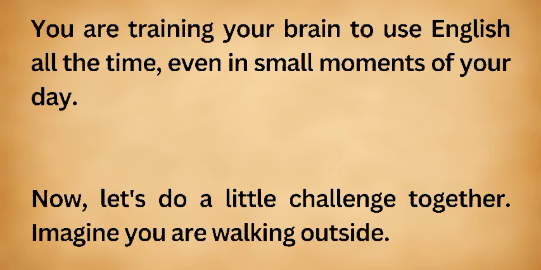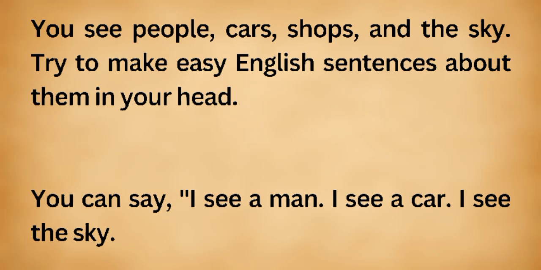Now, let's do a little challenge together. Imagine you are walking outside. You see people, cars, shops, and the sky. Try to make easy English sentences about them in your head. You can say, "I see a man. I see a car. I see the sky.